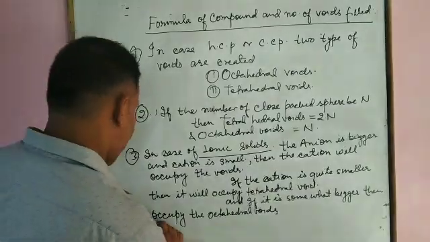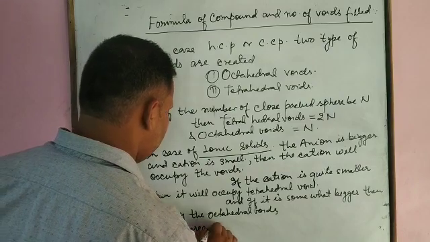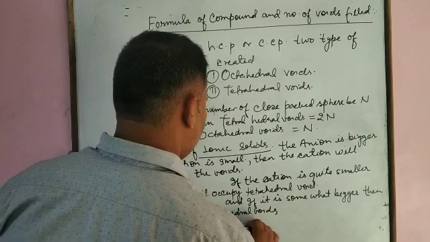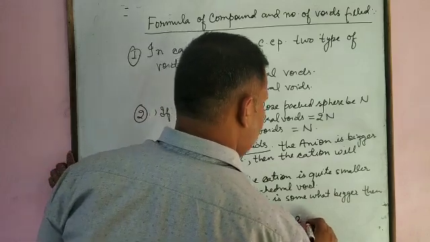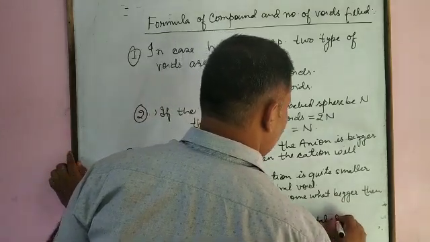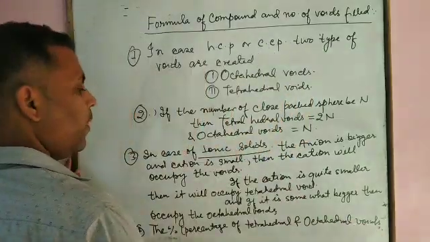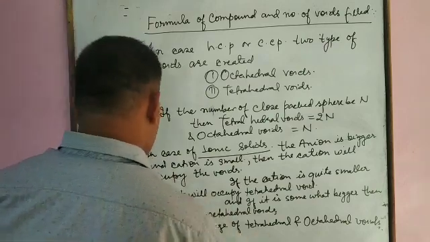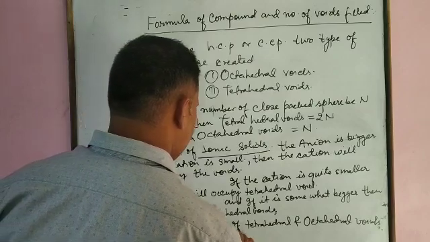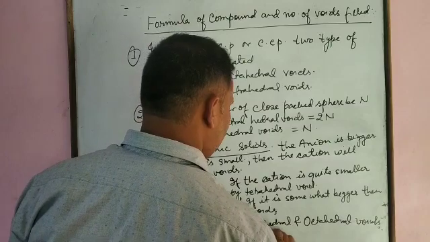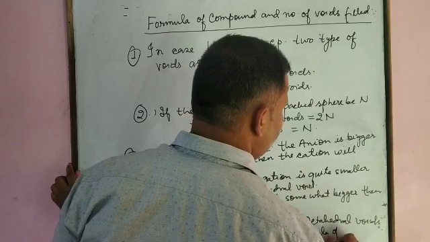It means the percentage of tetrahedral and octahedral voids occupied depends upon the formula of compound.